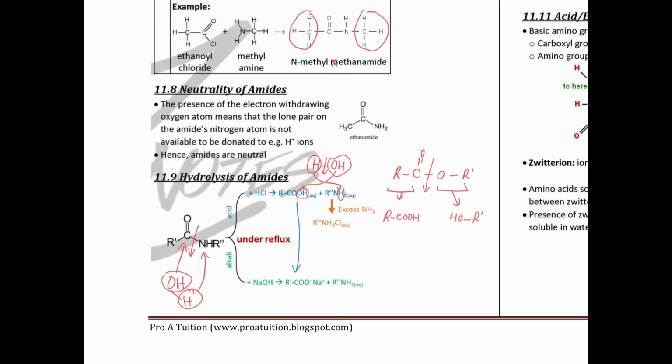Imagine they form carboxylic acid, then they react with NaOH to form salt instead of carboxylic acid. Whereas the primary amine remains the same, as the surrounding is alkaline. So this part is not neutralized. It remains as primary amine. Okay, so we have done that.